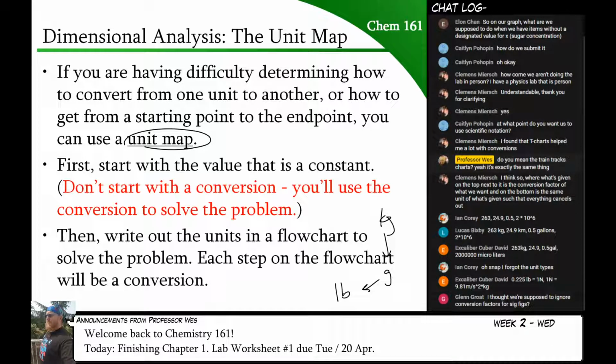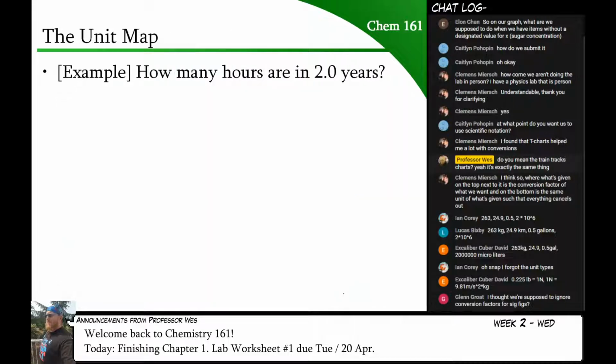So let's do a simple example that doesn't have a conversion, but I have to take multiple steps to do this type of scenario. So if I were to do this problem, how many hours are in 2 years? I'm starting with years as my time, but my goal is to get to hours. I don't know how many hours are in a year, but what I do know is how many days are in a year. And I know how many hours are in a day, right?